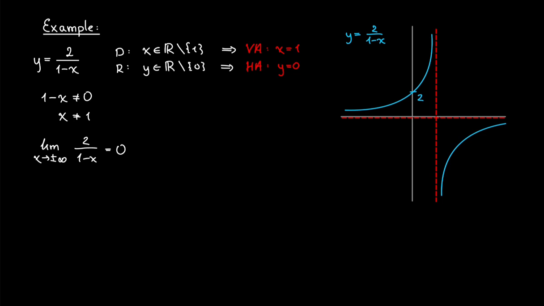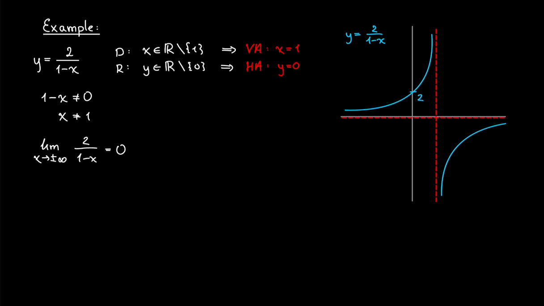The hack for plotting rational functions is that they all have the same shape. It's either going to be in the first quadrant and the third quadrant, or it's going to be in the second quadrant and the fourth quadrant. It's either this or that. Very rarely is it going to be both curves on the upper side or both curves on the lower side.